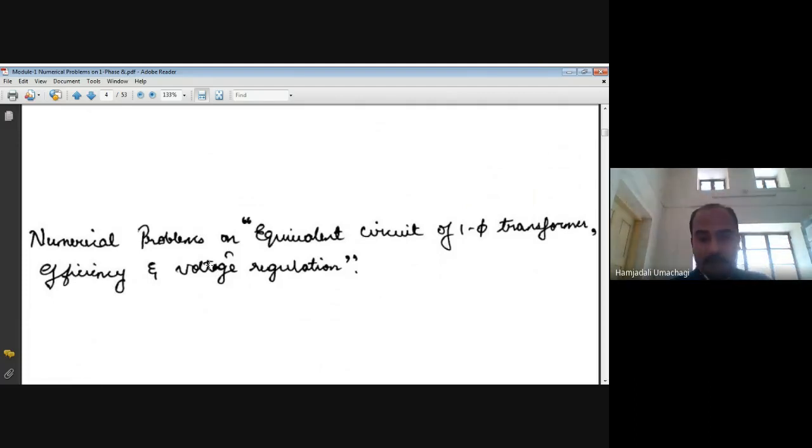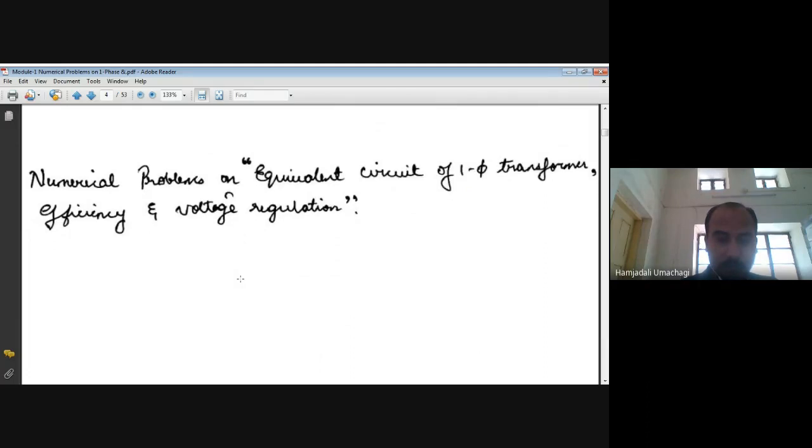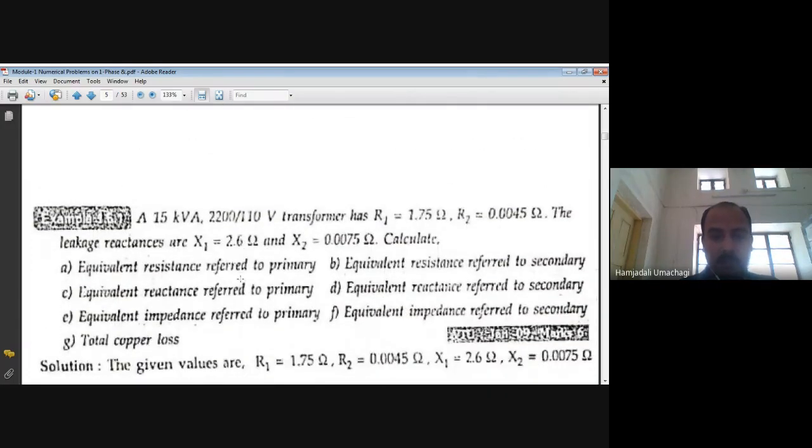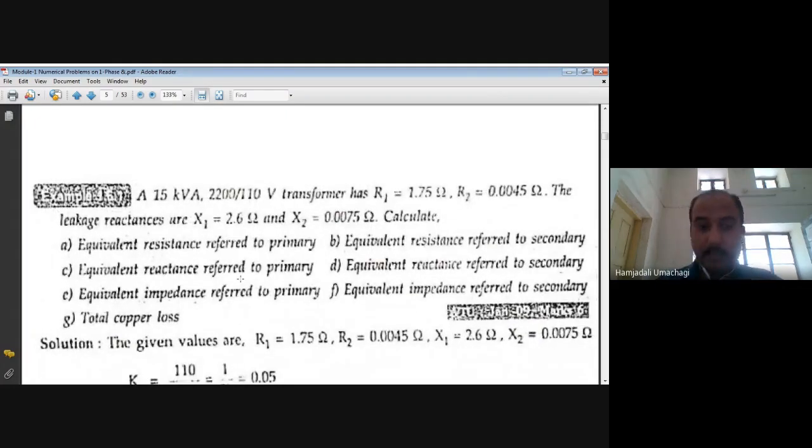Similarly, we can solve by making use of the same equivalent circuit parameters. We can also estimate efficiency and voltage regulation. In the first problem, we will see how to calculate only the equivalent circuit parameters here. Right.